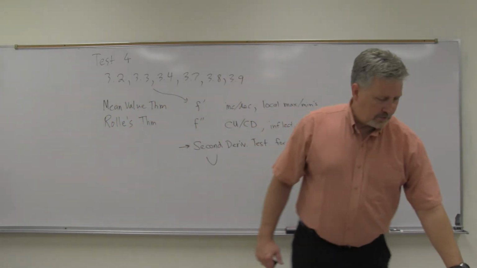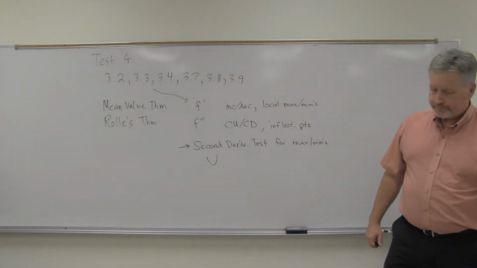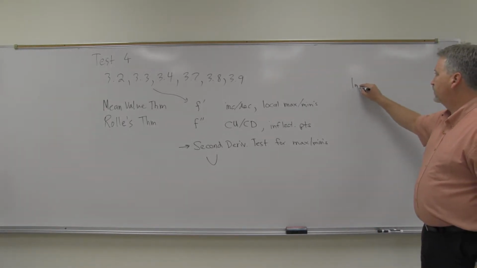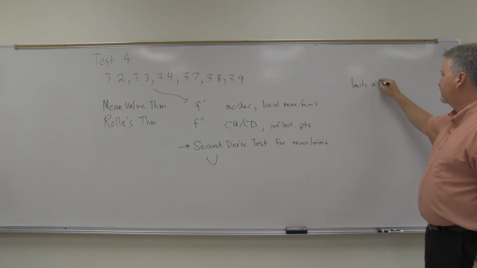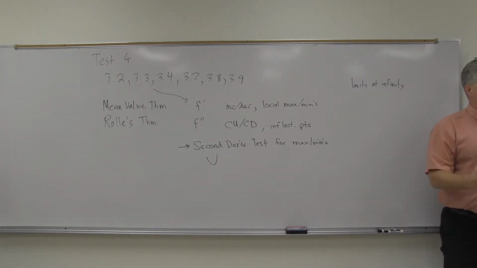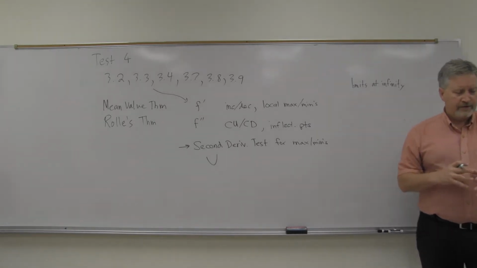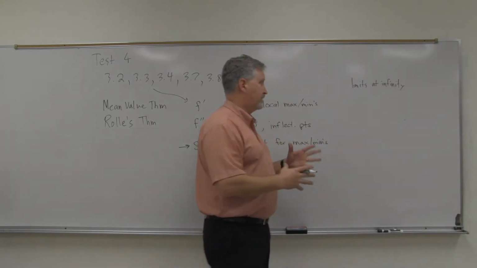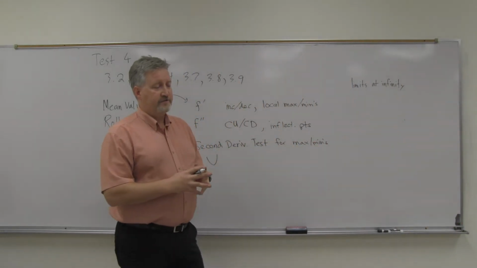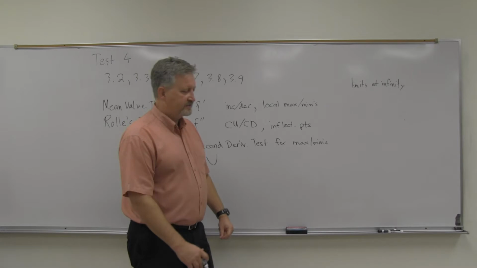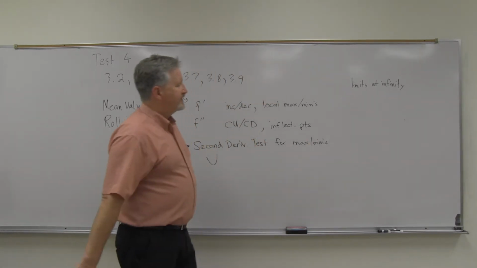All right, 3.4 was your limits at infinity. Remember, that was where we divided by the largest power of the denominator. If we're looking at a limit as x goes to 2, what we're looking to do there is various things, factor and so forth.